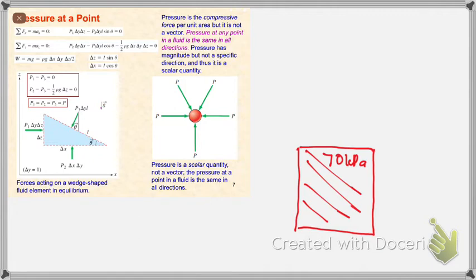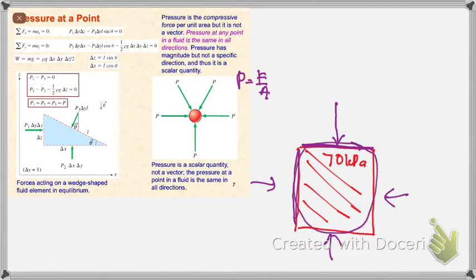It's not a vector. So the pressure acting at this surface, because by definition P is equal to F over A, right? Pressure acting at this surface, here and here, this is considered a particle, is always the same, 70, 70, 70, regardless of the direction of the pressure, because pressure is not a vector.